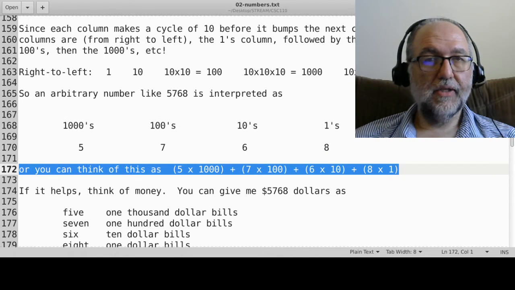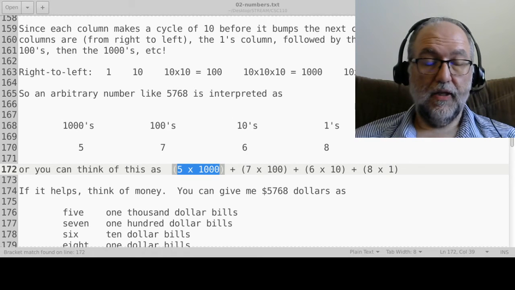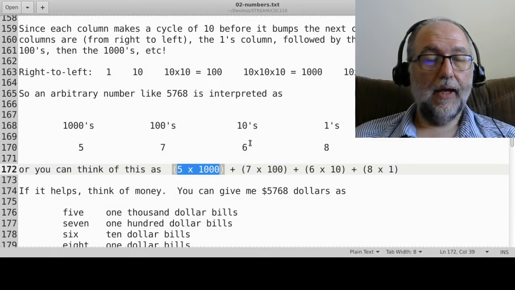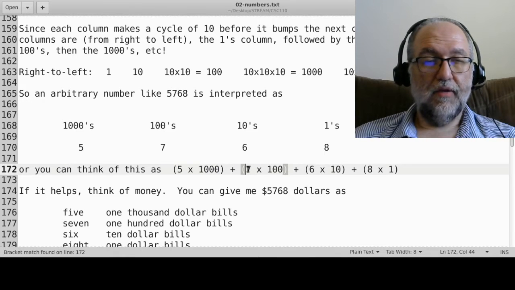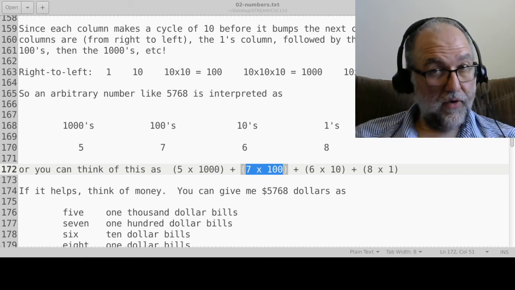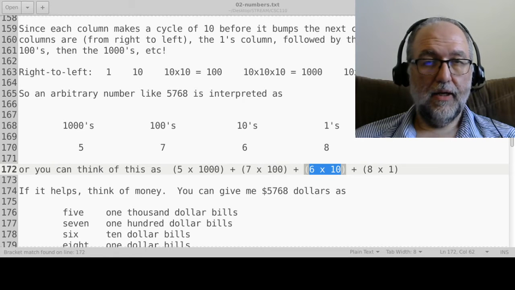So you could think of this number as basically 5 thousands. Because that 5 is in the thousands column, you've gone through 5 groupings of 1,000. And in addition to that, the 7 in the hundreds column, you've gone through 7 groupings of 100. And then the 6, which is in the tens column, you've gone through 6 groupings of 10.